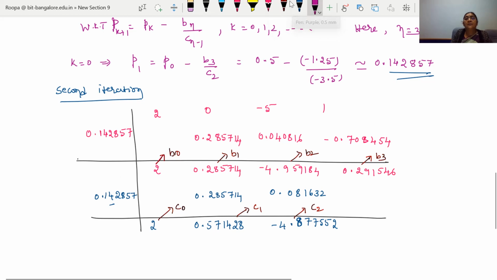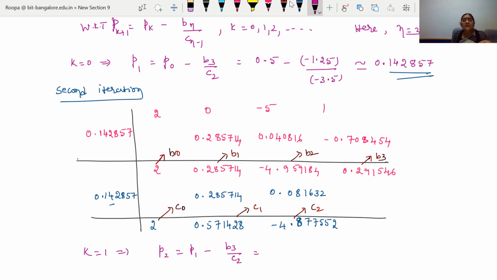Next, I have to find the next iteration value. The next iteration formula, put k equal to 1 in p_{k+1}, we get P2 equals P1 minus B_n divided by C_{n-1}. What is my n value? That n value is fixed in every case, n is 3. Therefore B3 divided by C2.